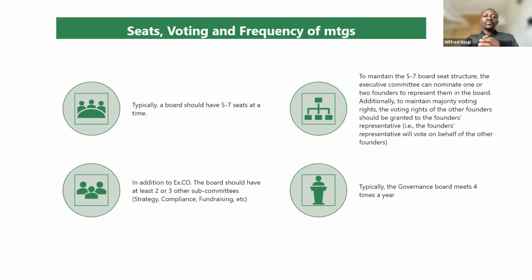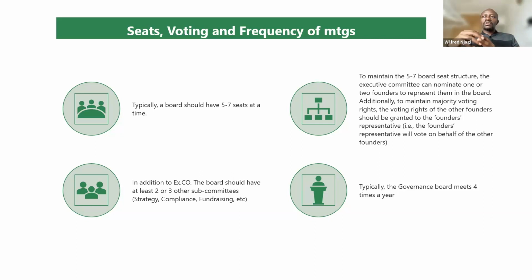So on the top right there, I've put that option that the executive committee, the one I showed at the beginning, which is the founders, they can nominate 1 or 2 founders to represent them in the board, right? So for example, at Vilgro Africa, we are 3 co-founders. We could say, okay, let us have Robert, or let's have Wilfred represent us in the board, right?